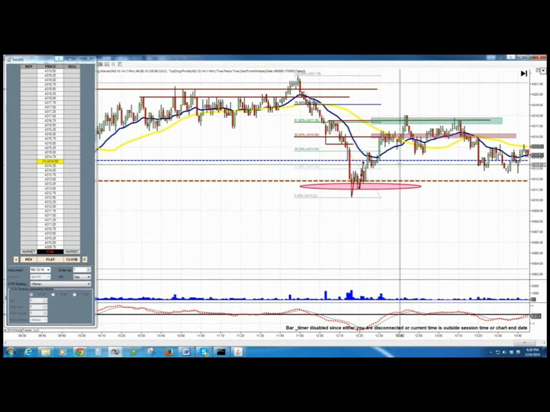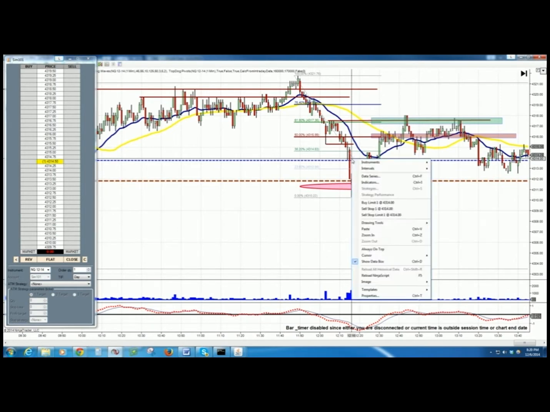Okay, now here's where the scaling comes in. If you did scale and you thought you wanted to start your scale here, well, you notice on this I have the blue line is the previous day's close, the brown line is the pivot for the day. So if I start my scales here, about the equal of that swing, I'd be getting in too early. But I can put it in.